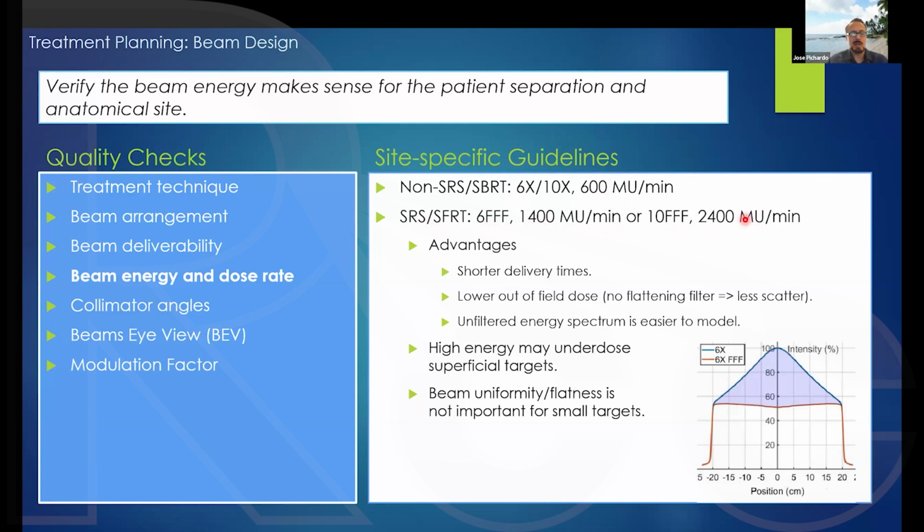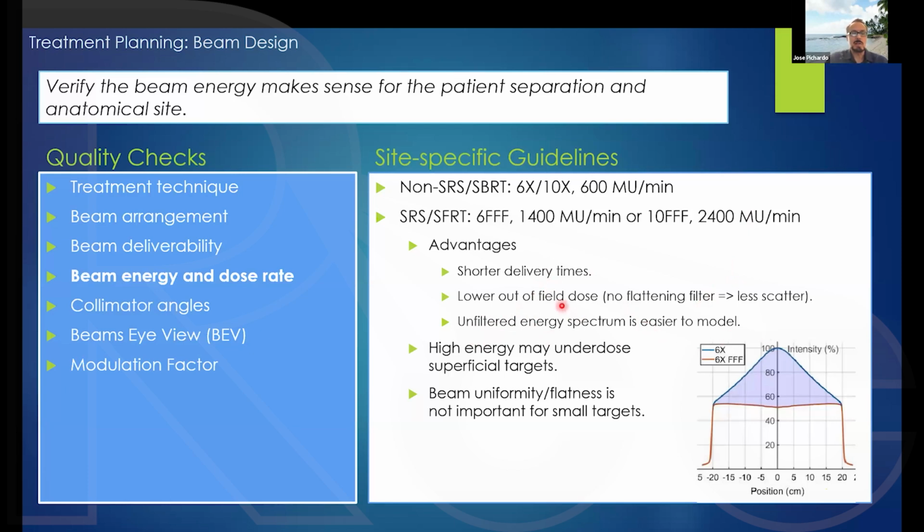It takes less time to treat the patient, which is great because then the patient is less likely to move. The other advantage is that you get less out-of-field dose. Why? Because there's no flattening filter, so you're not scattering all of those photons all over the place. It's more focused. And the other advantage is you're using an unfiltered energy spectrum, which is a lot easier to model, so it's a lot more accurate.